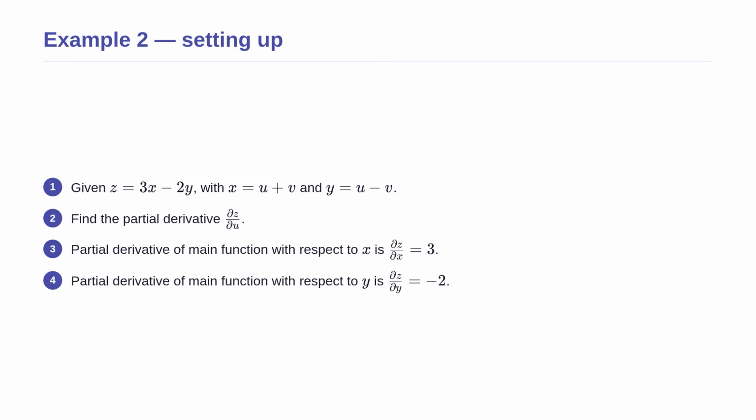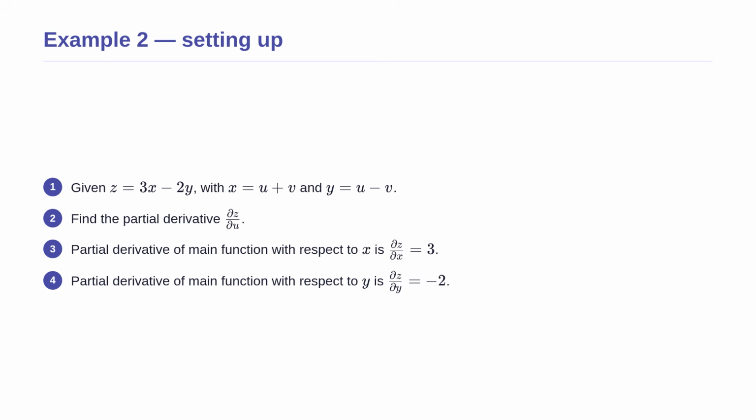Let us look at a problem involving multiple independent variables using our new formula. Suppose our main function is z equals 3x minus 2y. The intermediate variables are defined as x equals u plus v and y equals u minus v.